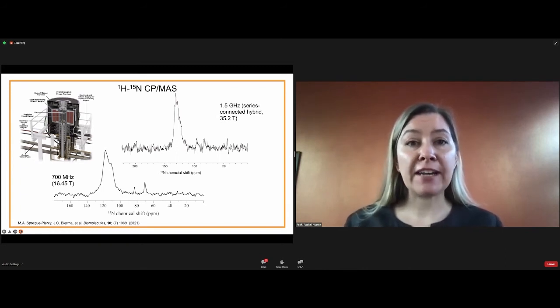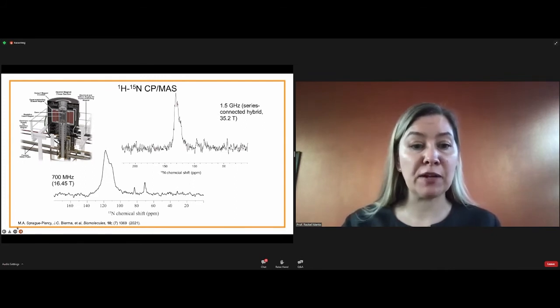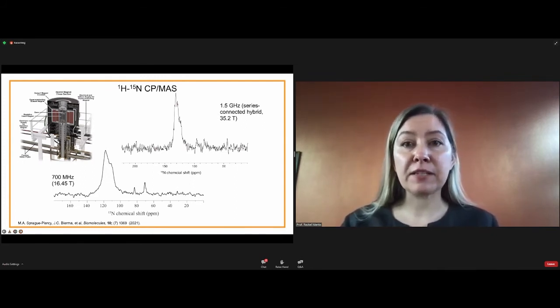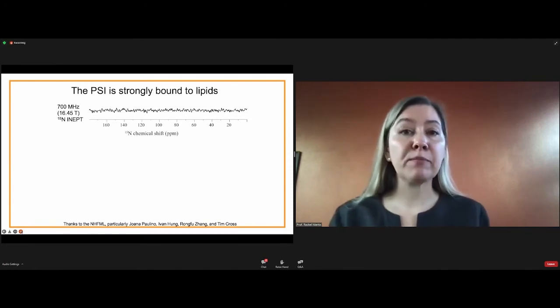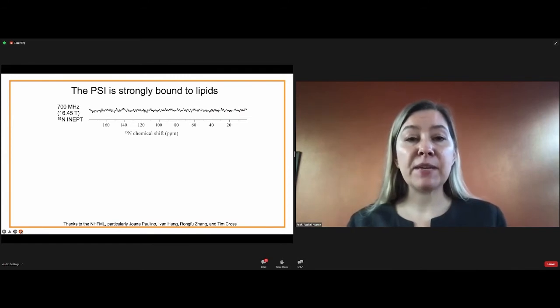And the reason for that is that we want to try to maintain this thing at as close to physiological concentration as we can, and so it doesn't have a huge amount of peptide in the membrane. And so we used the series connected hybrid magnet that's 1.5 gigahertz, and so we were able to take some preliminary spectra of that, and we find that the PSI is very strongly bound to lipids.